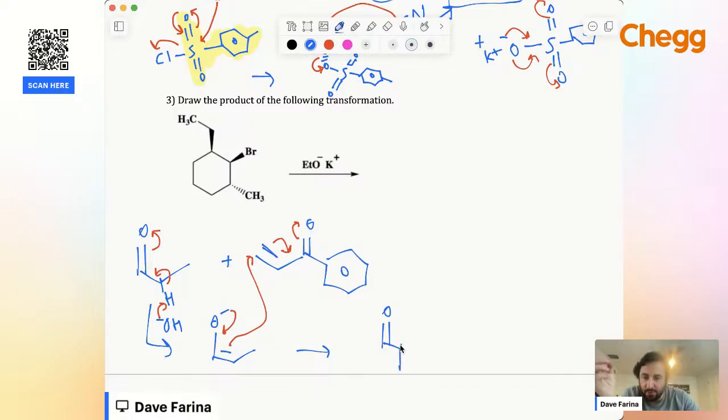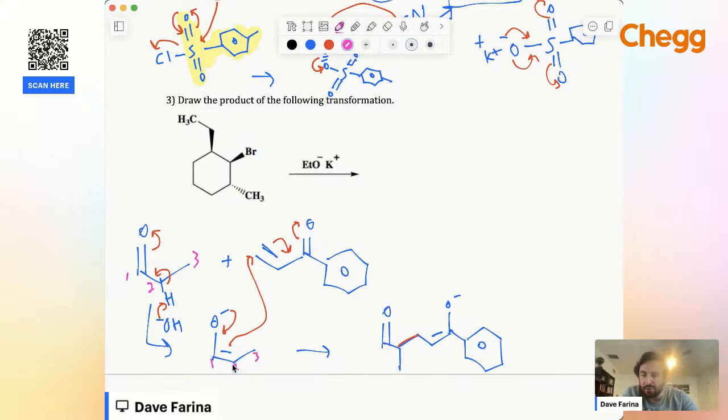So the enolate reforms, and that goes there, that goes there. Okay, so here is the bond that we formed in the Michael addition. So once again, we had a 3-carbon aldehyde. 1, 2, 3. 1, 2, 3.